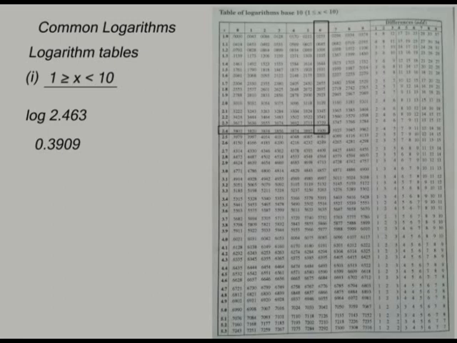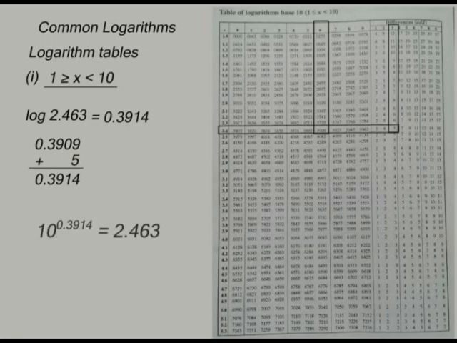We proceed to the differences column. 3 will meet us here, and we have 5. So we add, and we shall get 0.3914. And so log 2.463 is equal to 0.3914. That means 10 raised to the power of 0.3914 is equal to 2.463.